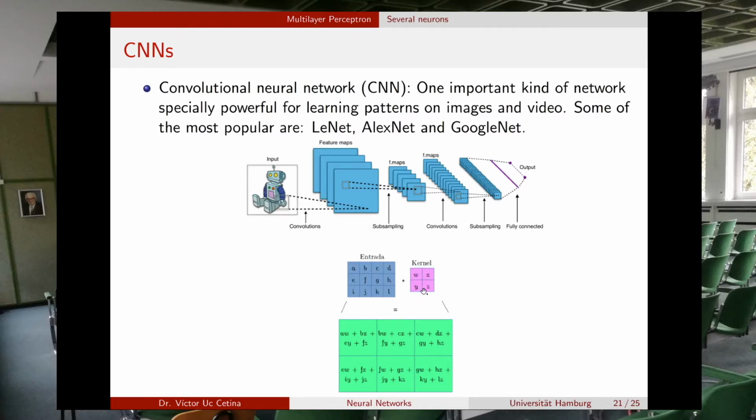In this case, this is a kernel of 2 by 2, and you share these weights. Each position represents a weight: W, X, Y, and Z. You will share these weights over the whole number of pixels.